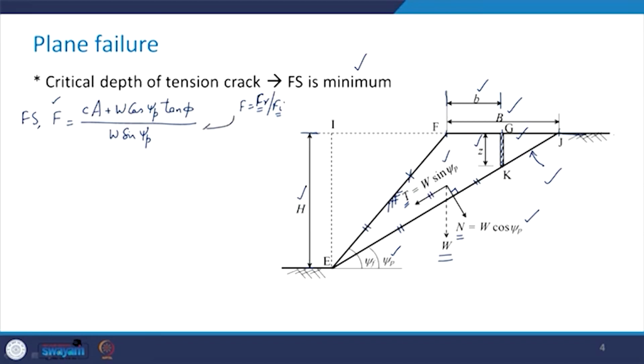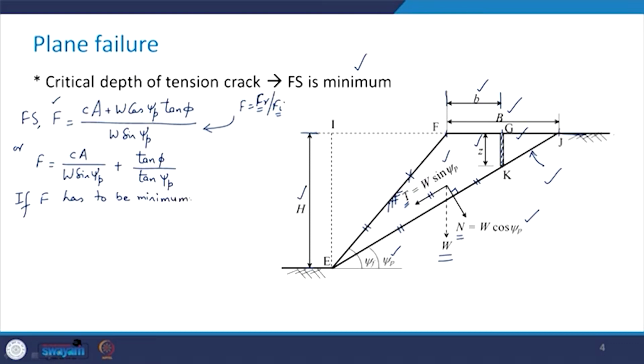So, we can write this F as C into A divided by W sin psi p plus tan phi divided by tan psi p. Now, if this F has to be minimum, why does it have to be minimum?